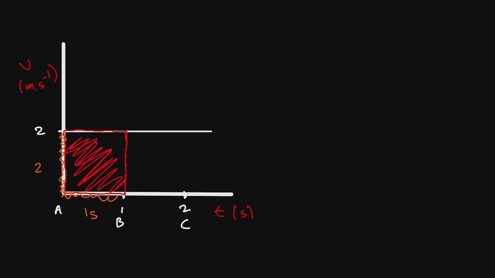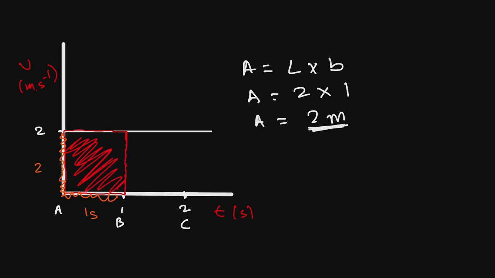So the area will be given as length times breadth. The length will be 2 meters per second and the breadth will be 1 second. So the area under the curve at 1 second is going to give us 2 meters. This will mean now, at 1 second, our car will be at the position of 2 meters.